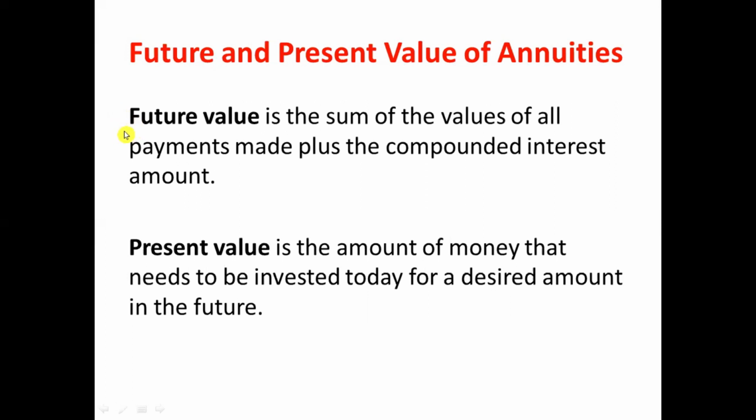So, that's why tawag siyang future value. While present value naman is the amount of money that needs to be invested today for a desired amount in the future. So, as we can see, same lang ang definition niya sa ating interest lesson.